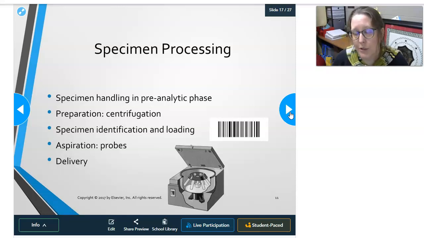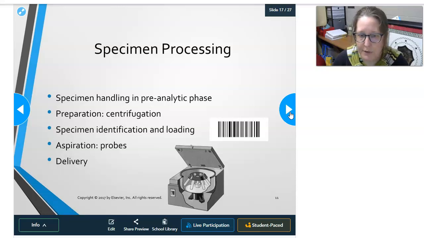That would apply to pretty much all your plasma and serum samples. The only test that I can right off the bat think that we would not need to do that for would be your A1C. Your hemoglobin A1C is usually done on whole blood. So everything else needs to be centrifuged for the proper amount of time for that type of specimen.